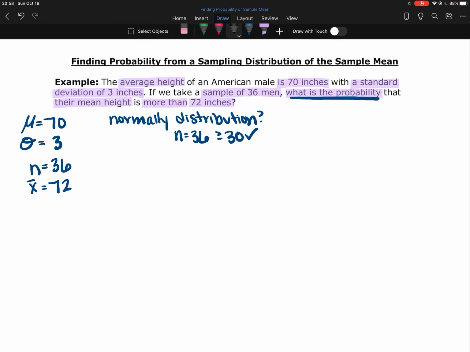The first step in that process was to find the z-score. The z-score for a sampling distribution, where we're looking for the probability that a sample mean varies from a population mean, is x bar minus mu, divided by sigma over the square root of n.